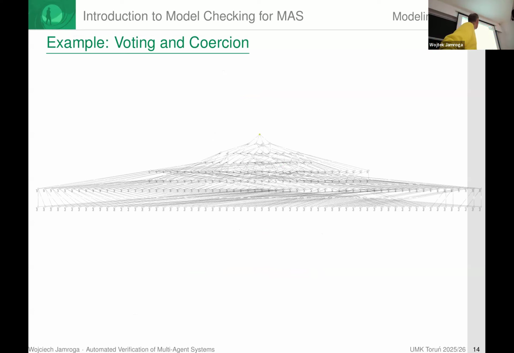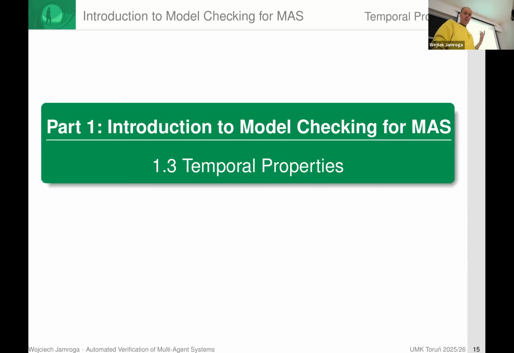And for three voters, the graph already cannot be shown on a slide because it will be just a mass of black dots. So the set of states and the set of transitions grows exponentially, and this is a big problem from the point of view of verification. But today we mostly look at the specification part, and that is somewhat easier.